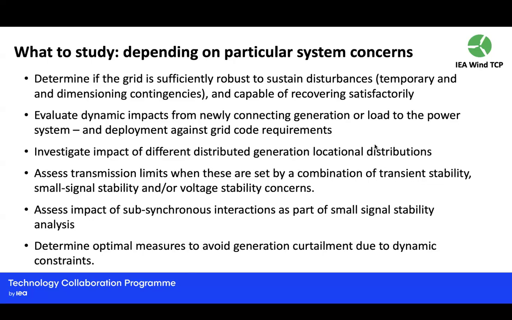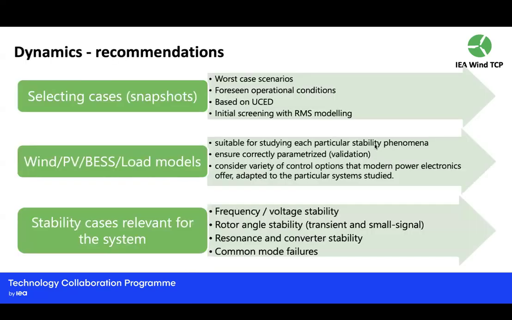That can translate again into a dispatch constraint that needs to be fed back into the model. Or maybe you have other control solutions operationally and you don't need to worry about it. What this means for big-scale planning or integration models is that you need to understand what kind of cases you need to look at.